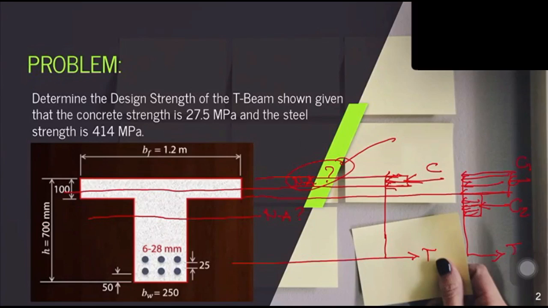So in solving for T-beams, for this example problem, determine the design strength of the T-beam shown given that the concrete strength is 27.5 megapascal and the steel strength is 414 MPa. So the given, FC prime 27.5 and the Fy is 414 MPa.